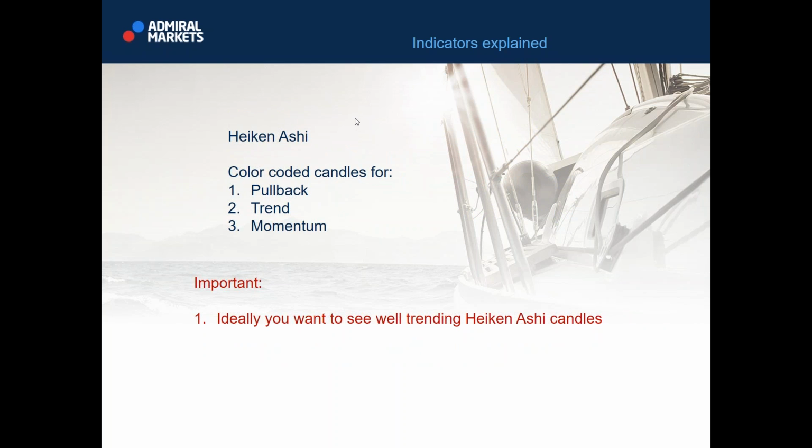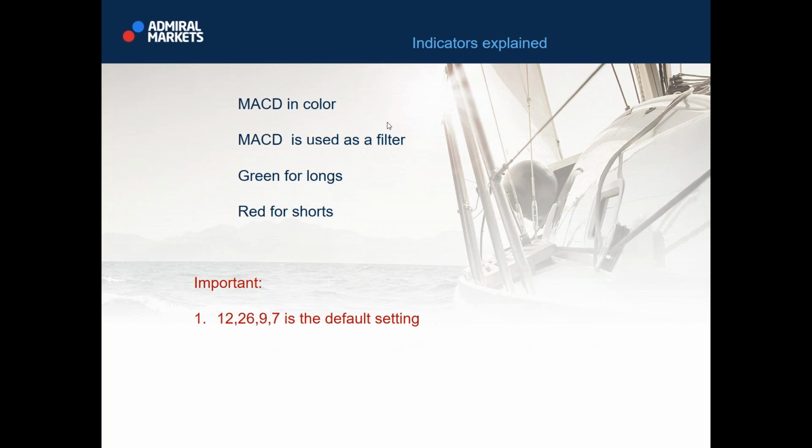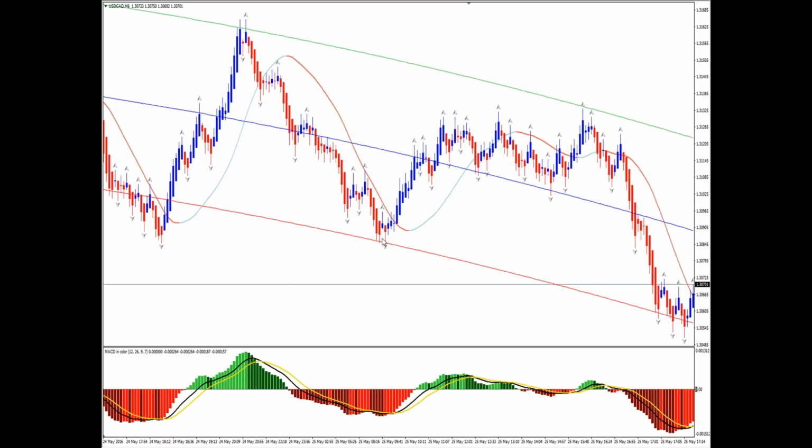Heiken Ashi are color-coded candles for pullback, trend, and momentum. It's ideally suitable with range bars. Also MACD in color. It's used as a filter, green for long, red for shorts. 12, 26, 9 is the default setting of this MACD indicator. And this is how it looks like.